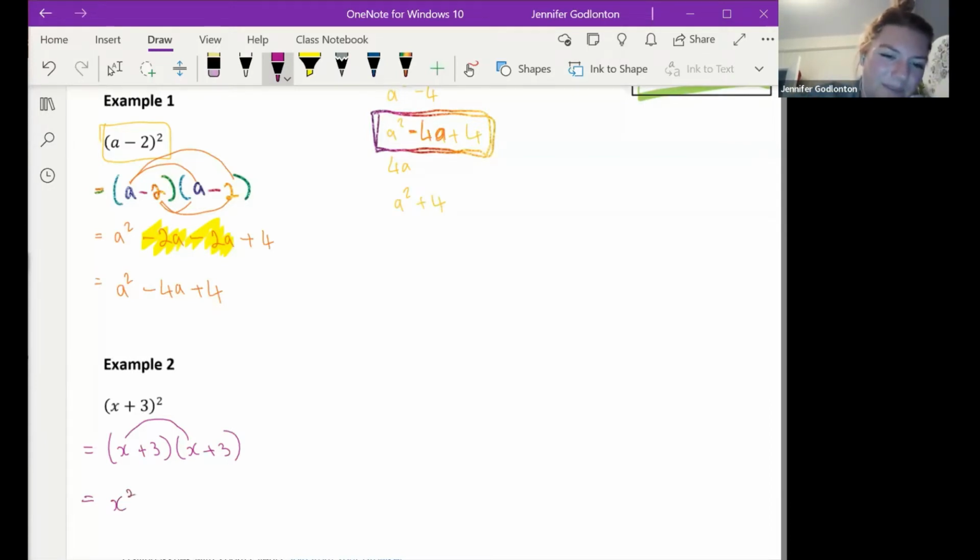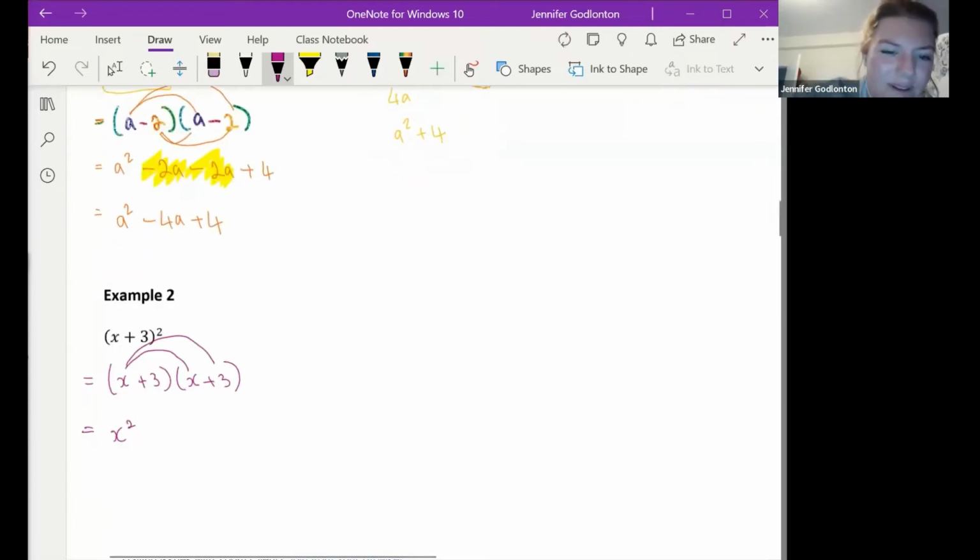And the first x again times the 3. Good. Which is plus 3x. Good. And you take the 3 in the first bracket and times it by the x in the other bracket, which gives me plus 3x. Mm-hmm. And the 3 times the 3, which is plus 9. Good. Now what do I have?